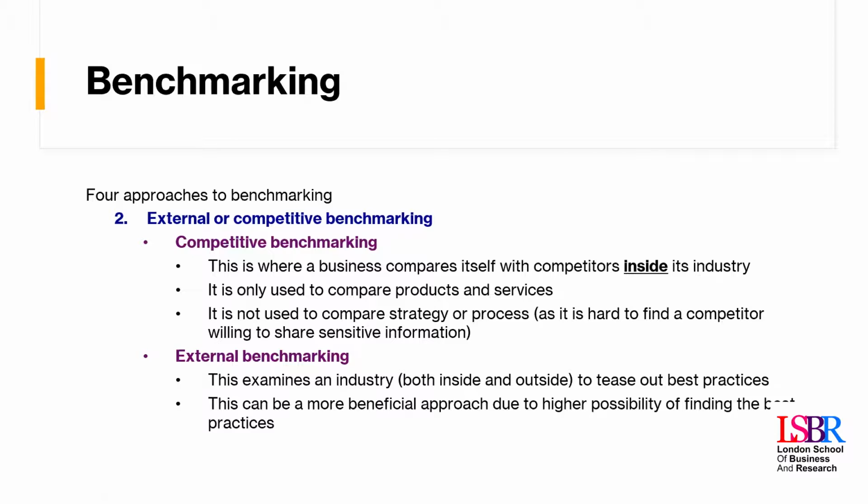Secondly, we have what's called external benchmarking. Now, this is where you examine an industry either inside or outside of your chosen market. Okay, so for example, Samsung might think, well, in order to beat Apple, why don't we look at another industry?